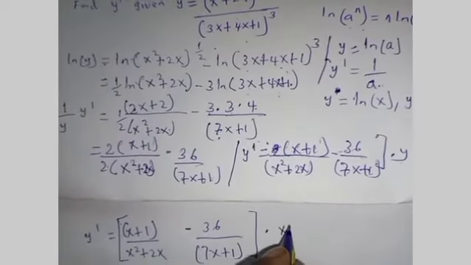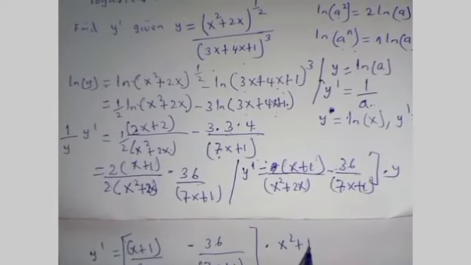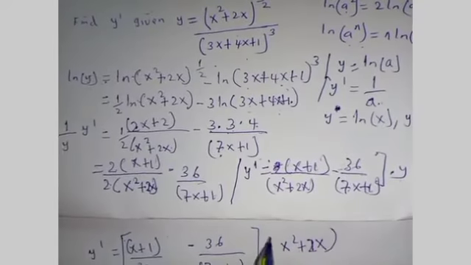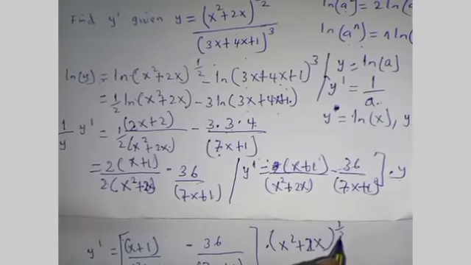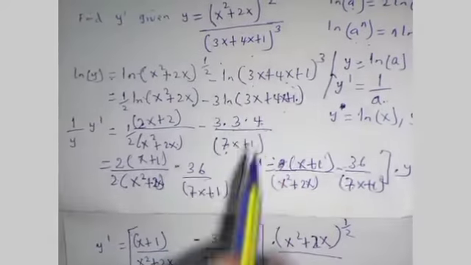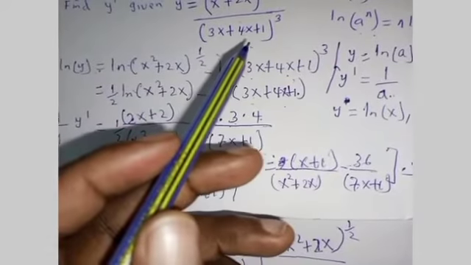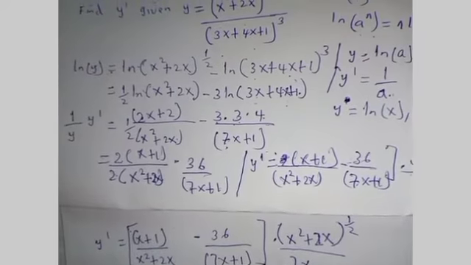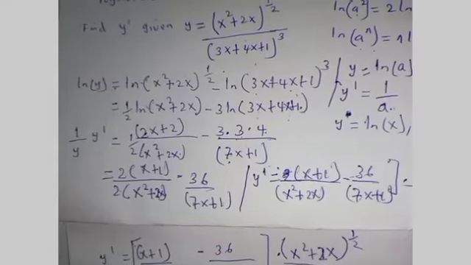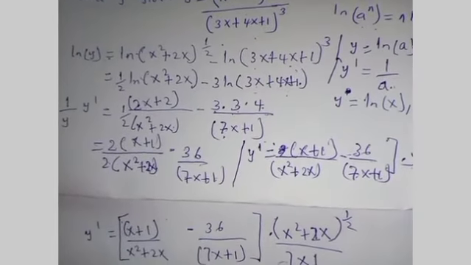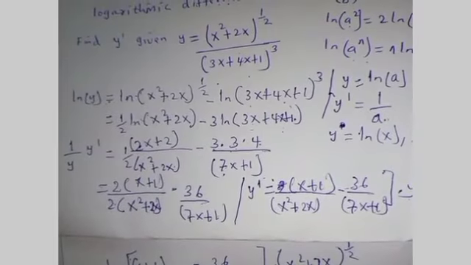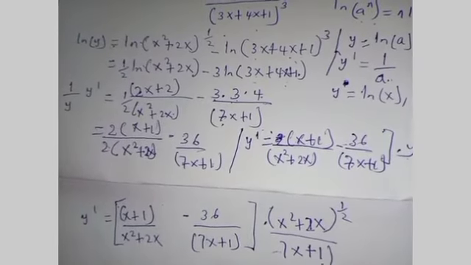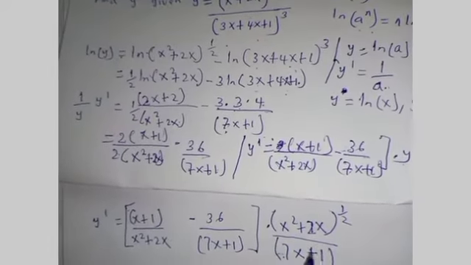So x squared plus 2x, everything in bracket power half, divided by 3x plus 4x is the same as 7x, plus 1, everything power 3.